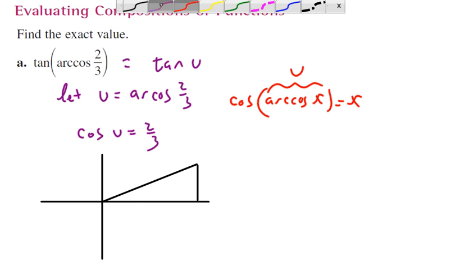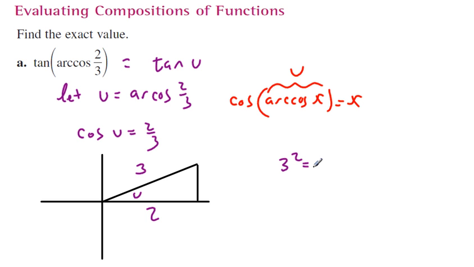If this is my angle u, cosine is adjacent over hypotenuse. To find the missing side, we use the Pythagorean theorem. So 3 squared equals x squared plus 2 squared, so 3 squared minus 2 squared equals x squared.